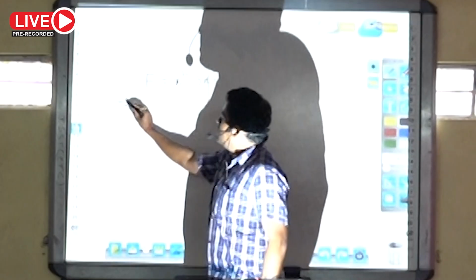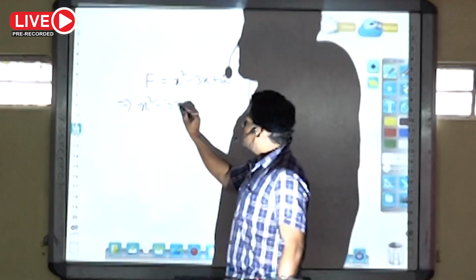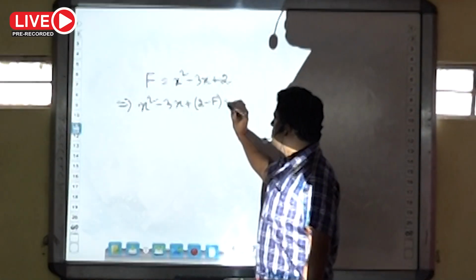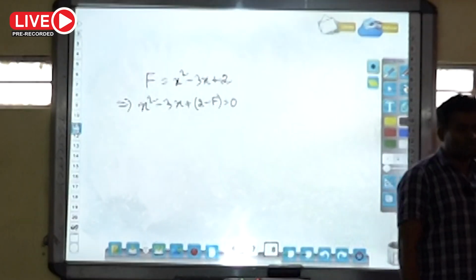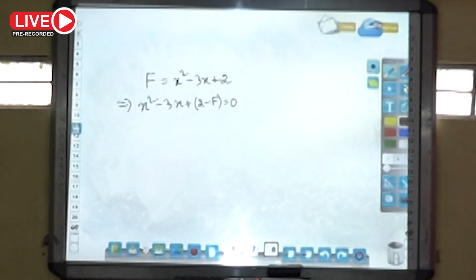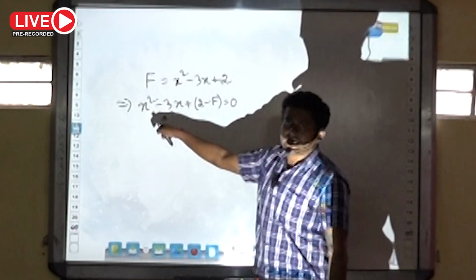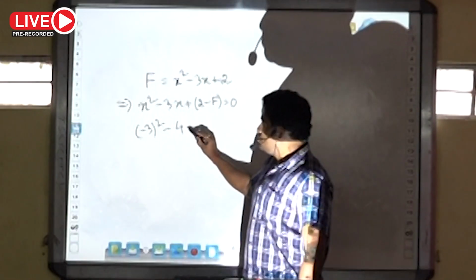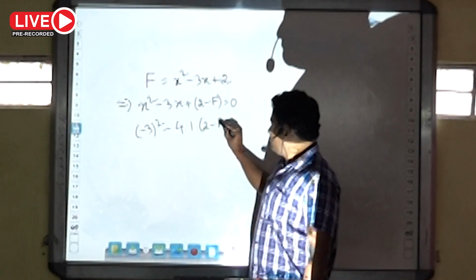Okay, fine. So I can write it in this fashion: x square minus 3x plus 2 minus f equal to 0. Now since x is a real number, the discriminant of this equation should be greater than or equal to 0. Discriminant means b square minus 4ac. What is b here? Minus 3. So b square is minus 3 whole square, minus 4 into a, which is 1, into c, which is 2 minus f.